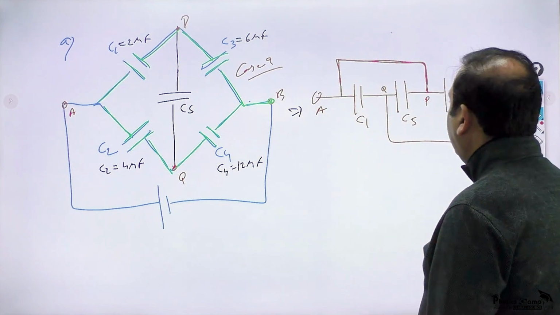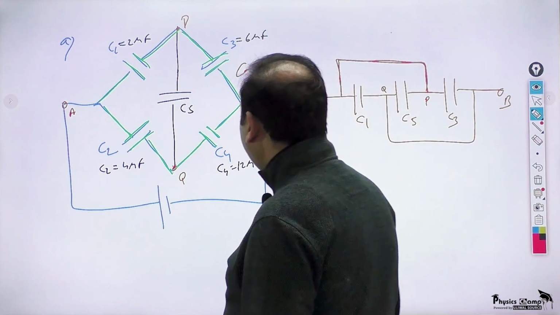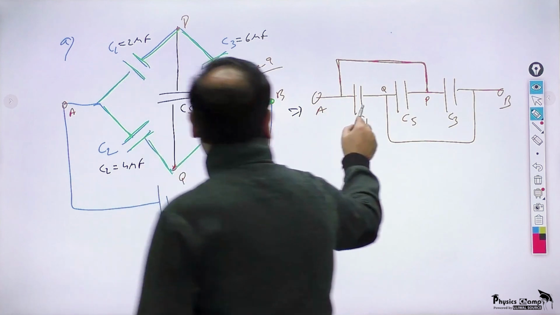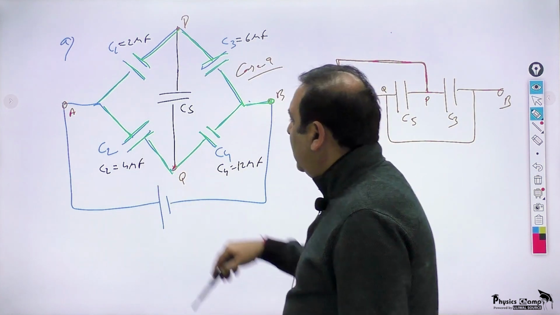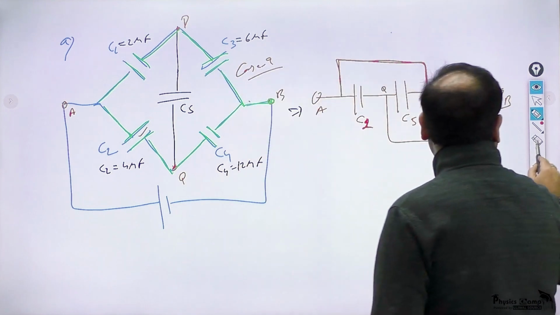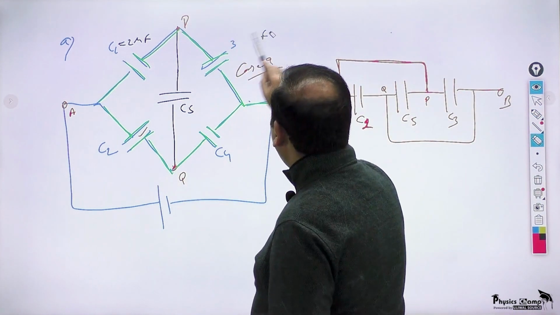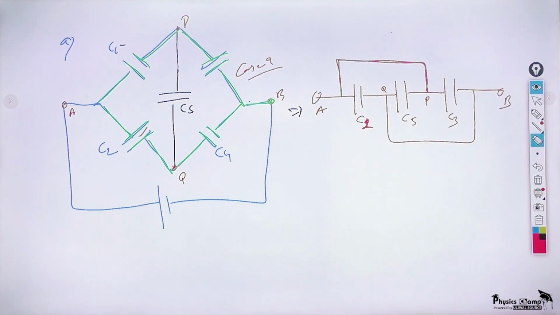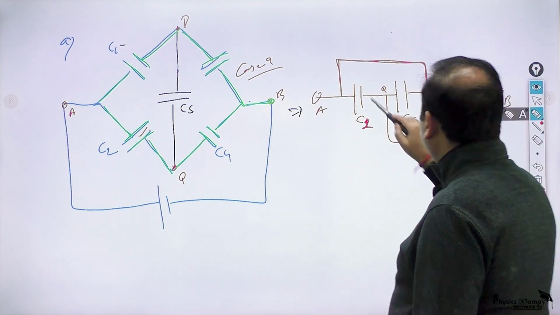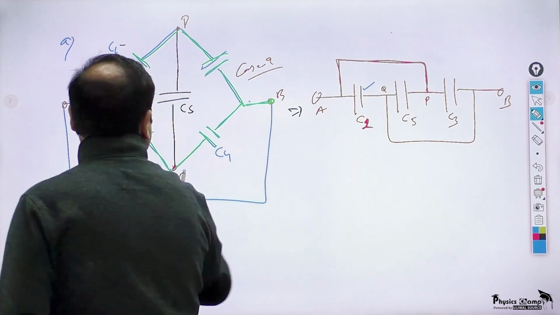Between A and Q, there is a capacitance. Let me call it C2. Comparing this arrangement with the standard Wheatstone bridge arrangement, between A and Q we have a capacitance existing here, and here also; let's name it C2.